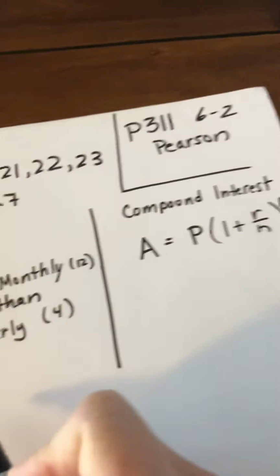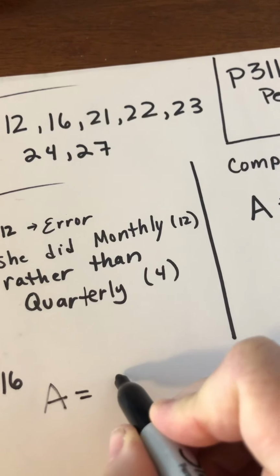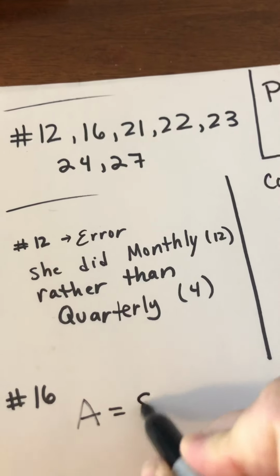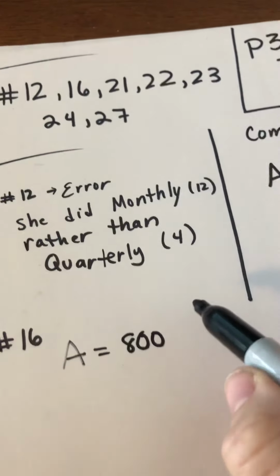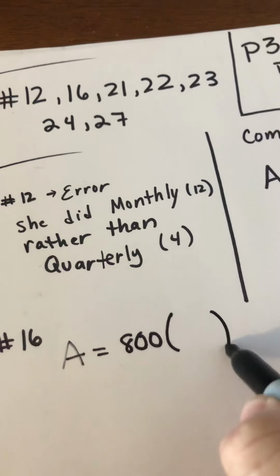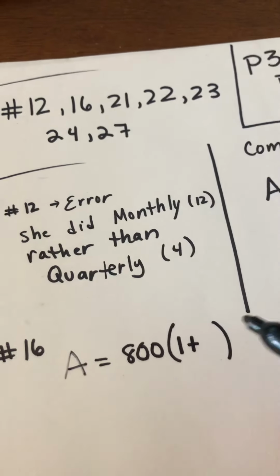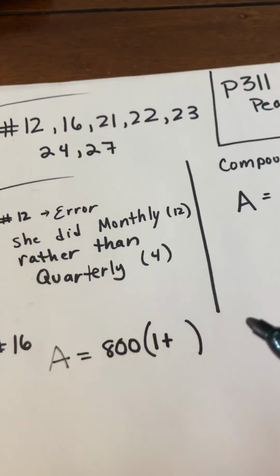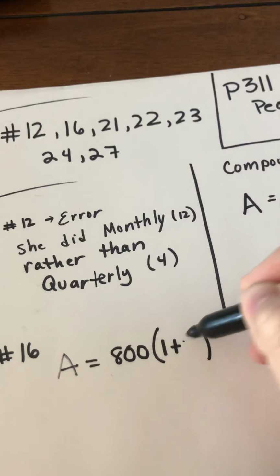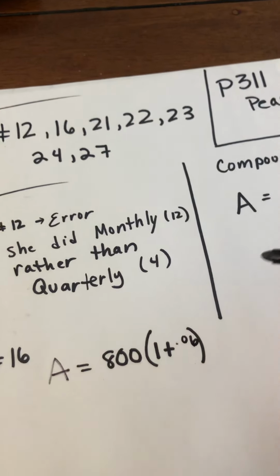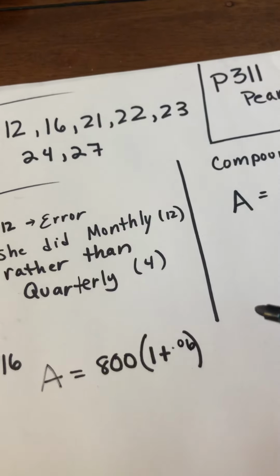So I'm just going to refer to this formula here. I'm trying to find the amount, and I know my starting amount is 800, and then I put parentheses here, 1 plus, because the amount is increasing by 6%, so 0.06, and then dividing by 4 because it's quarterly.